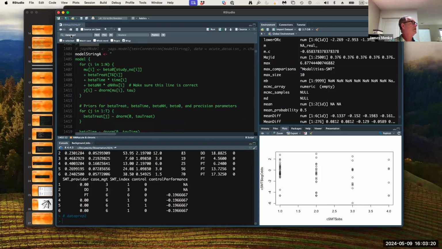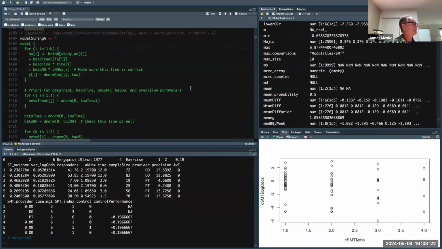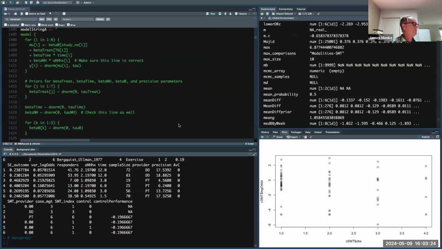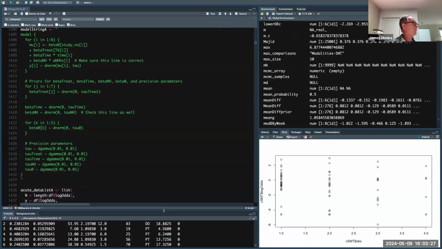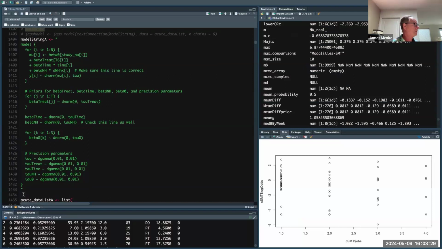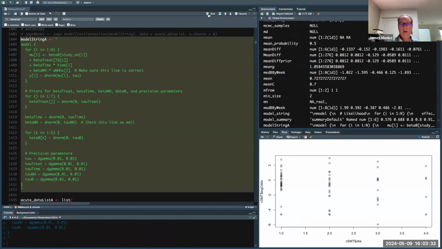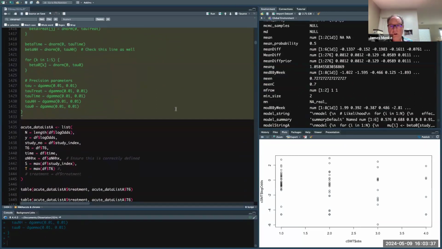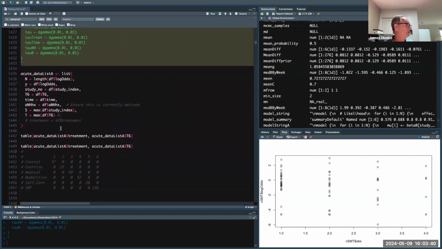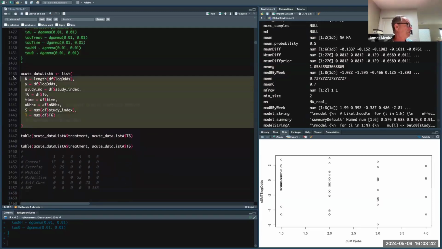the modeling. Let me see, I'll make this bigger. It took me a while to sort out these models, but this is the model. It's written in a code called WinBUGS, if you've ever experimented with that.